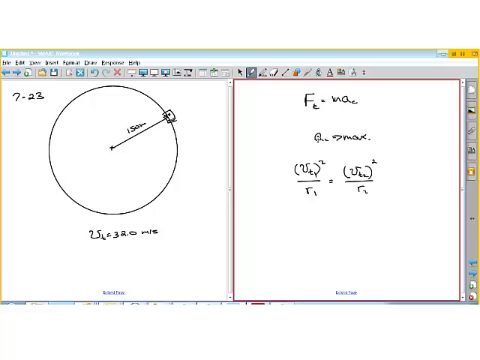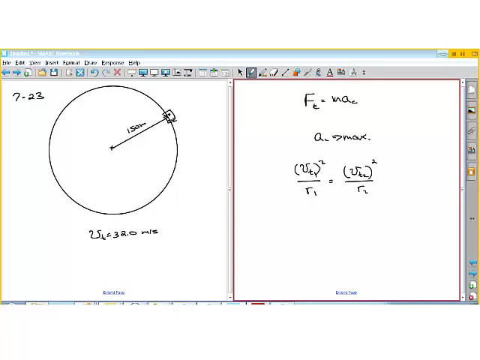The force is limited by the acceleration, and the acceleration is v squared over r. So this maximum value is going to be a constant. It's basically how much friction the tires can produce perpendicular to the direction it's going.